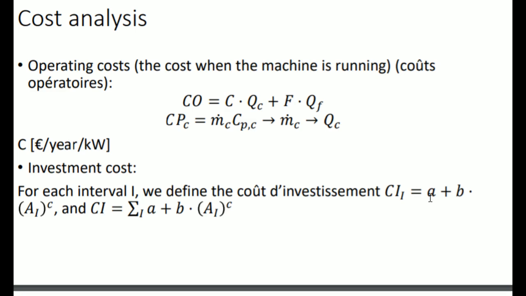Ci is equal to A plus B times the surface of the interval over C. And these are constants given by a study of the market. And usually, when you have a problem like this, the teachers like to give you coefficients. And then the total cost is just the sum of all the Ci, and you get a price.